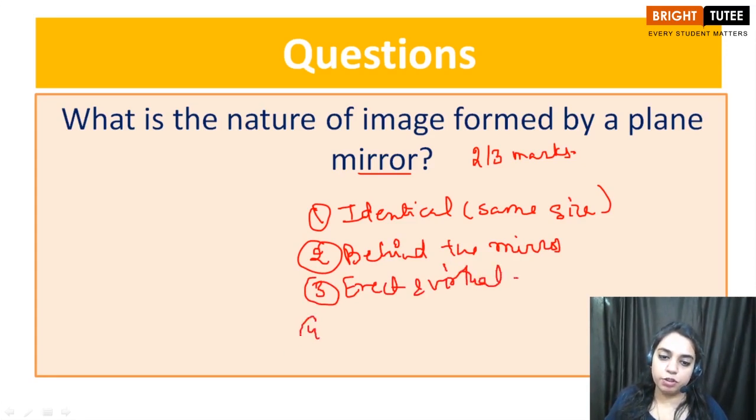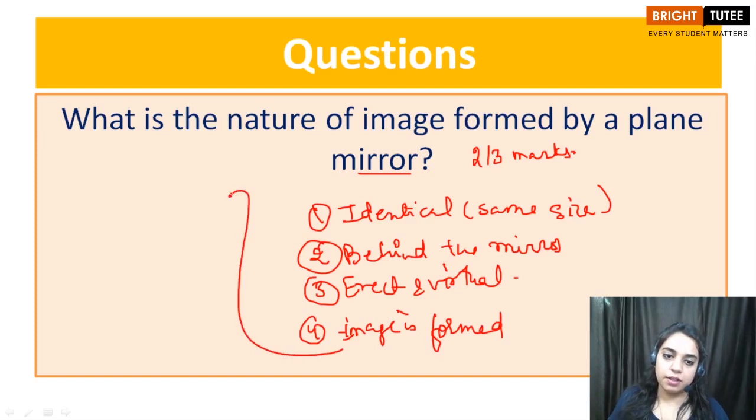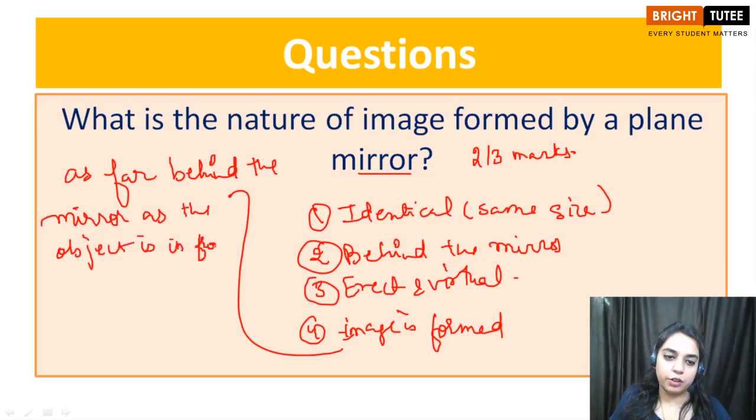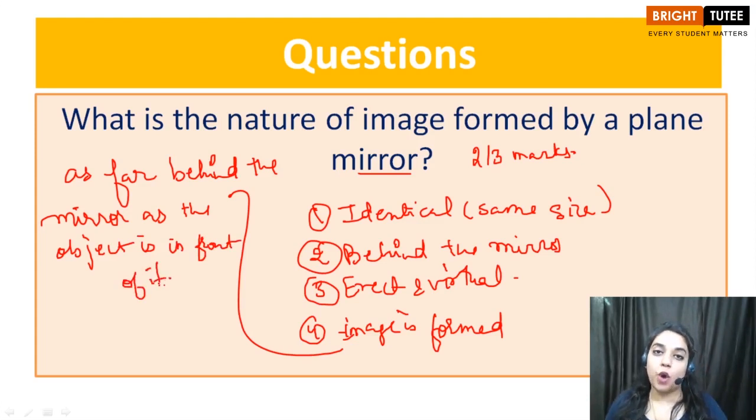And also the fourth point is, the image is formed as far behind the mirror as the object is in front of it. Okay, let's just discuss this fourth point. The image is formed exactly as far behind the mirror as the object is in front of it.